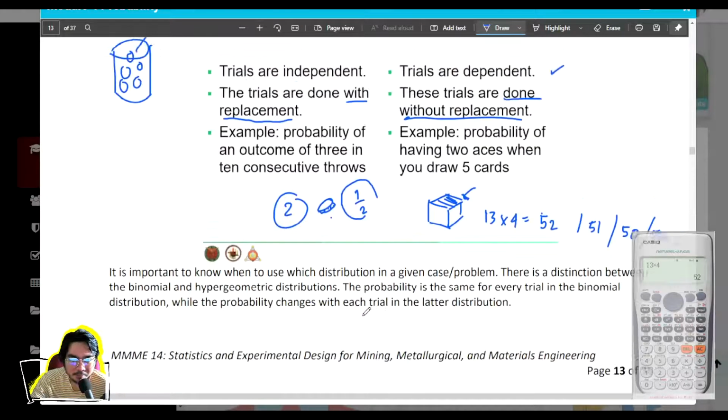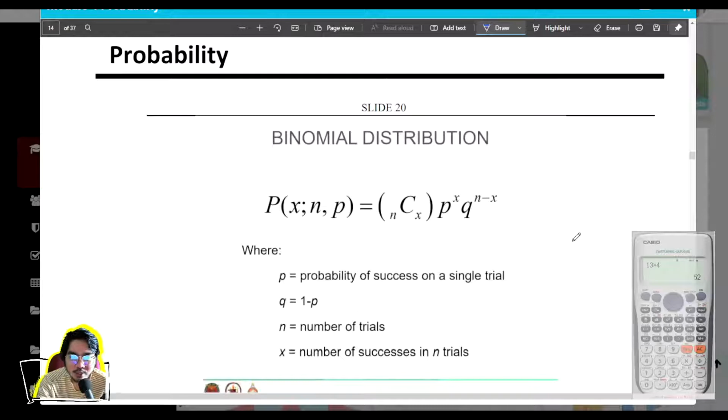Okay. All right, so ito, binomial distribution is given by this formula, and nobody really memorizes this formula, no? At least in my experience, ako hindi ko na nga minimemorize to, kasi ginagamit ko na lang Excel. But if you want, you can still memorize this formula. So meron siya for binomial distributions, it's NCX.